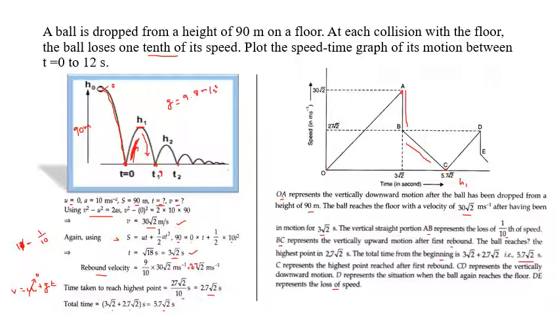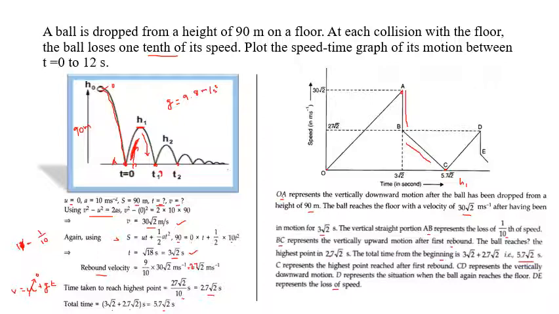Take this initial position as O and this position as A. So OA, this is given in the graph. So this is vertically downward motion. And then A to B, this is your first rebound. So from A to B represents the loss of speed, 1/10 of the speed. And then B to C represents a vertically upward motion.